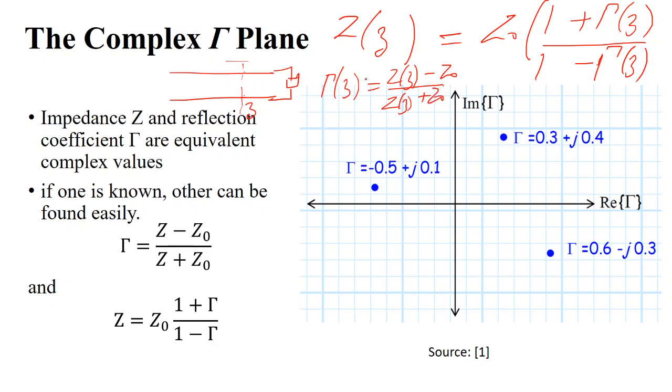So these two are related to each other. So instead of viewing the line impedance directly on the complex Z plane, now we can convert this Z into the reflection coefficient, and then we can view this reflection coefficient on this plane.